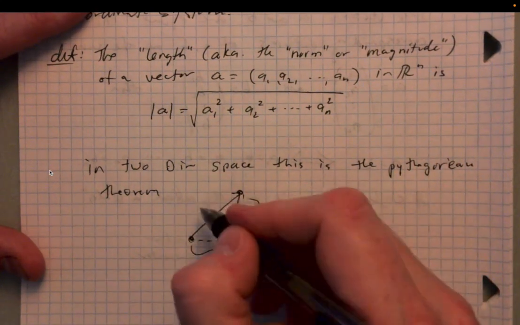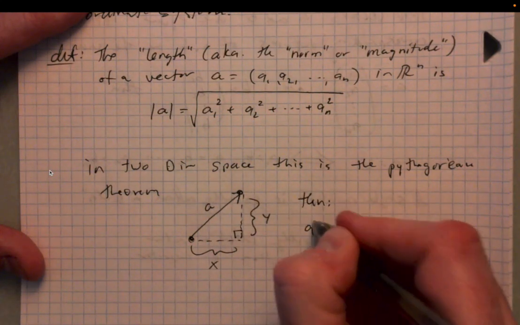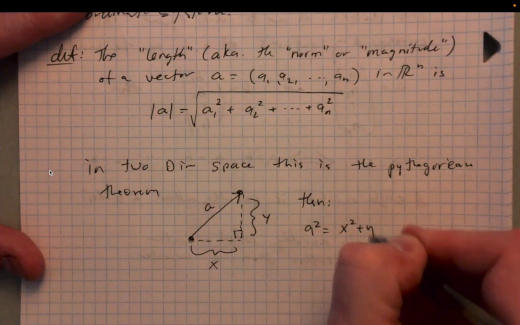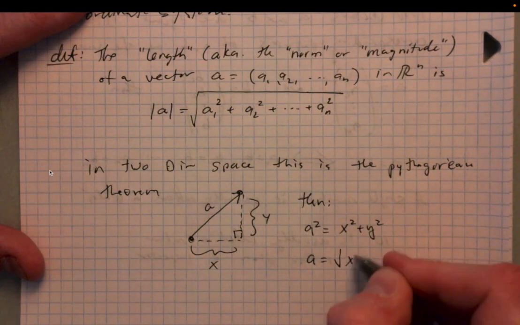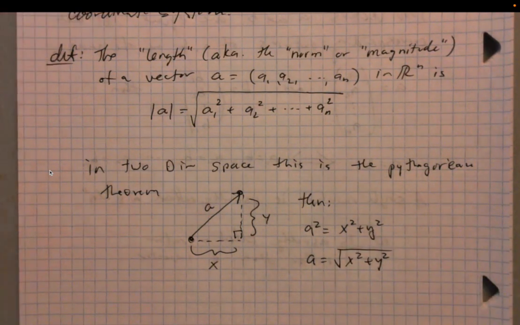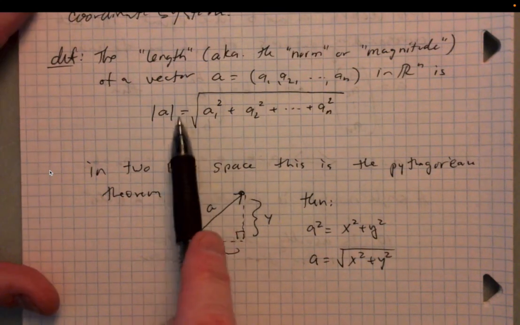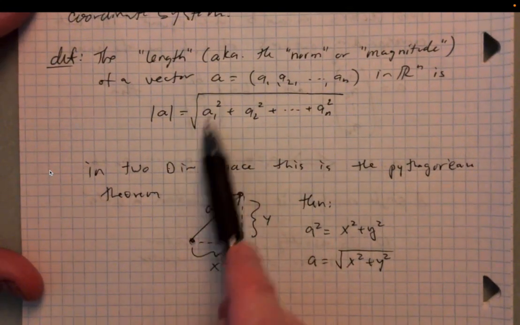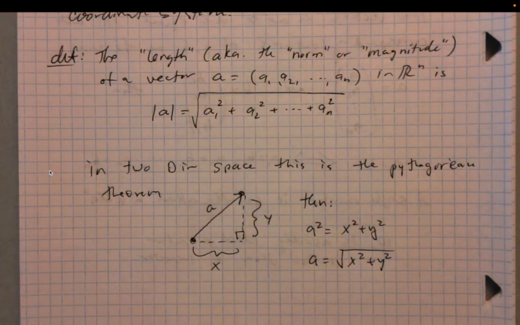And so if this is a, then we know a squared equals x squared plus y squared. And so a, the length, is equal to the square root of them. So this is the Pythagorean theorem at work, more or less. And this is just a generalization of that. You basically have the sum in 2 dimensions looking just like the Pythagorean theorem, but then if you have additional dimensions, you just add them to the radical.